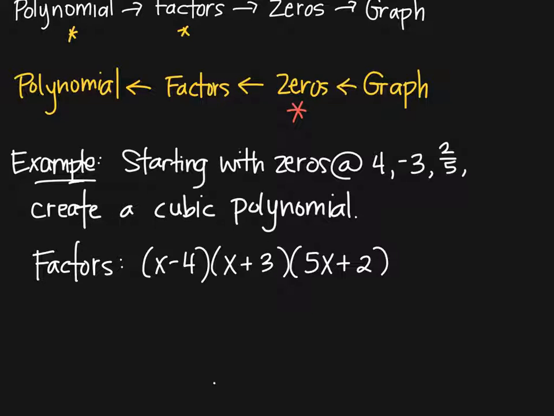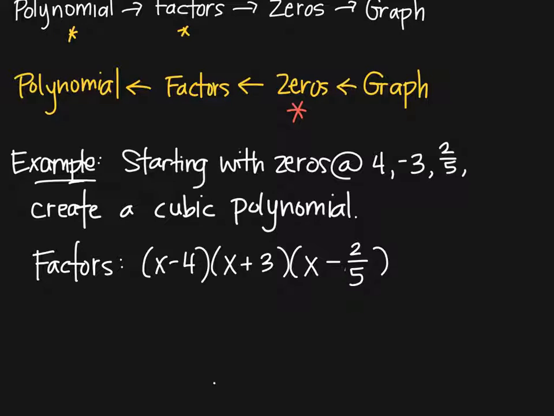Now some people may not have gotten that right away. I've heard other people say x minus 2/5. The thing about factors is they shouldn't have fractions in them, so we don't want to leave 2/5 there as a fraction.